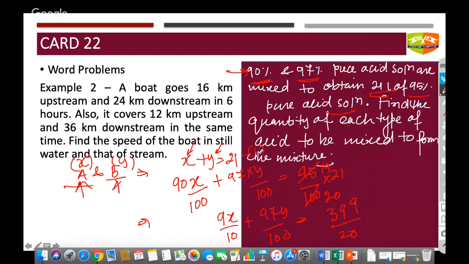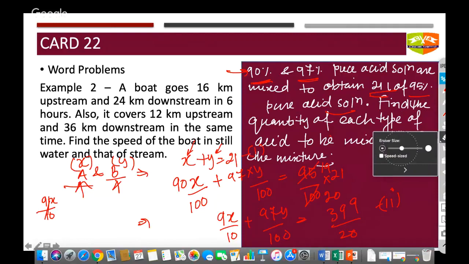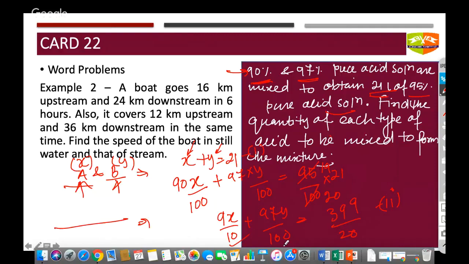So I have two equations, one here and a second here. Now I need to solve them. How do I solve it? In this kind of question, the first thing I do is eliminate the denominator. With 100, 10, 10, 100 and 20, the LCM is 100.